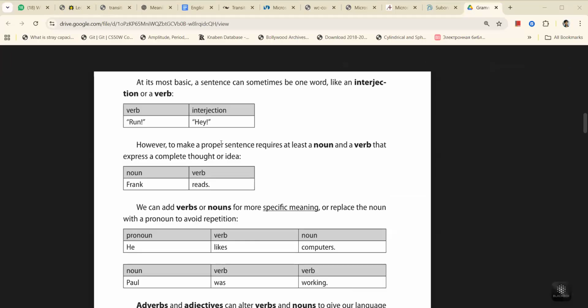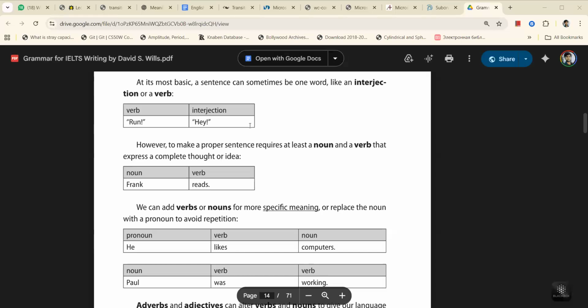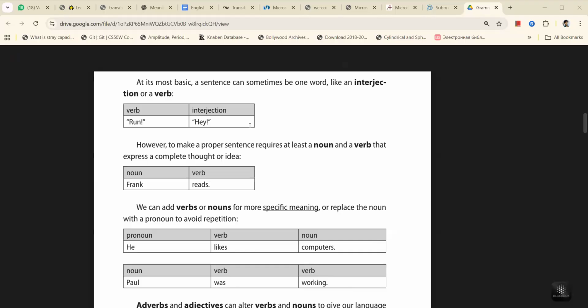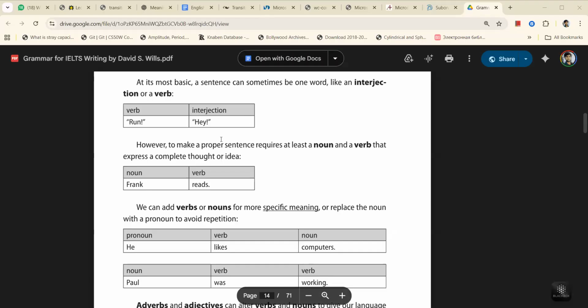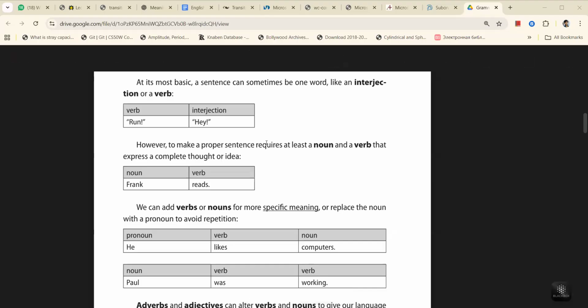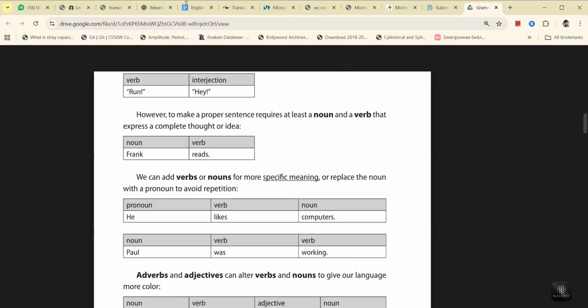Run, hey. However, to make a proper sentence requires at least a noun and a verb that can express a complete thought or idea.